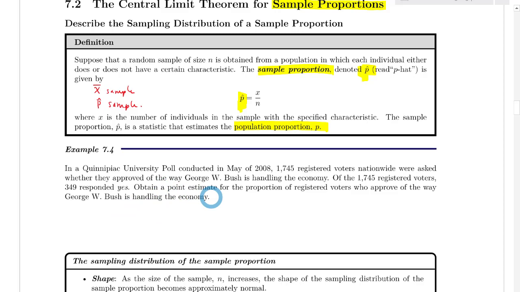Okay, so the sample proportion is always x over n, and recall that x is the number with the specific characteristic, and n is the total in the sample, the sample size.